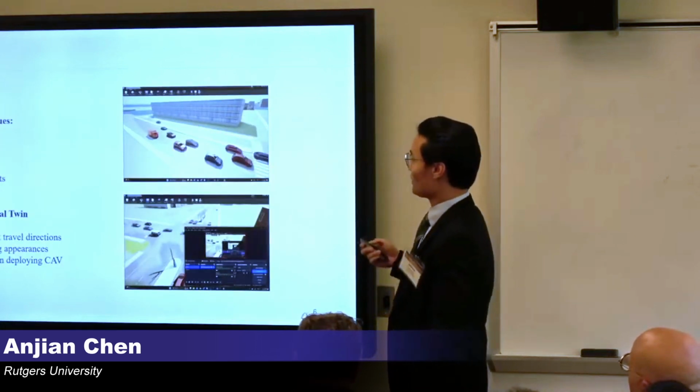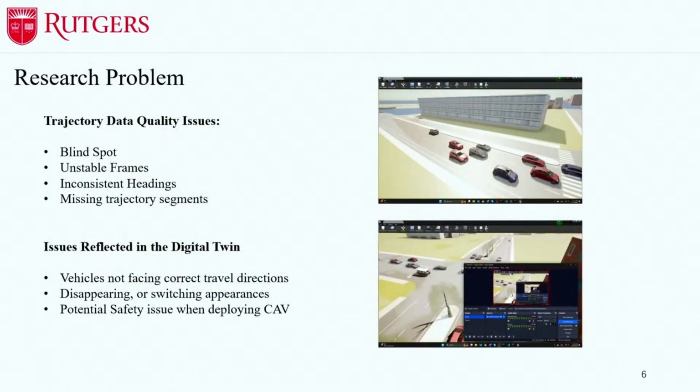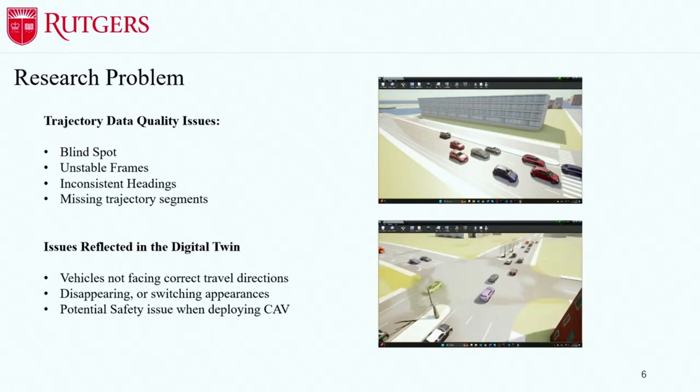When we really dig into the trajectory data generated from our LiDAR sensors, we saw several issues. Because of detection or tracking issues from the algorithm, blind zone issues caused by traffic dynamics, and issues from the LiDAR itself, we have these problems.